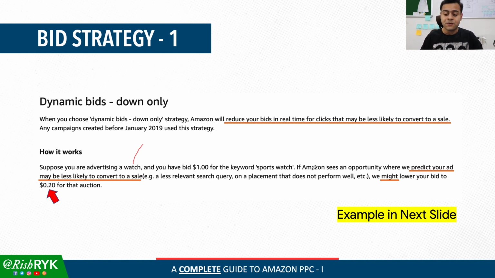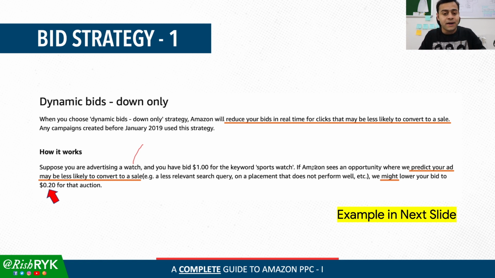And if Amazon sees an opportunity where your product, basically you might be selling a watch which is mostly a fitness tracker and is not a sports watch. So when people are searching for sports watch and your fitness tracker comes in their search results, it might happen that people don't buy it. People might be checking it out because it looks very similar to a sports watch, but they might not buy that product. In that scenario, Amazon will reduce your bid.